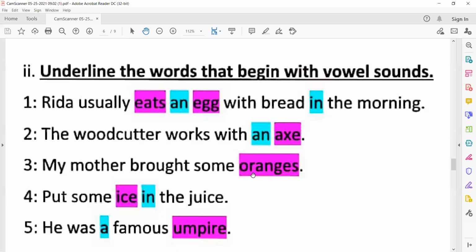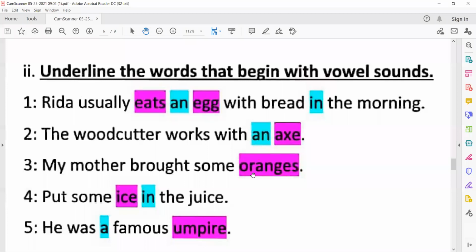I have highlighted 4 words in the first sentence. So do practice, well done. Tell me whether the highlighted words are vowel sounds or not. If it is a vowel sound, say yes in the comment box. If it is not a vowel sound, say no in the comment box. Tell me whether the first sentence is correct or wrong.